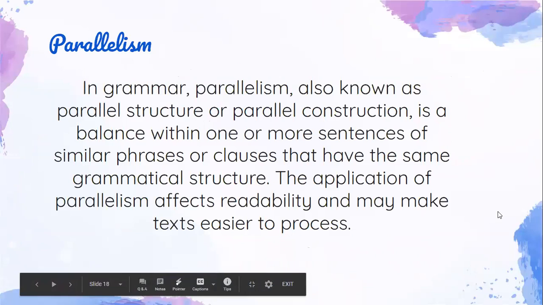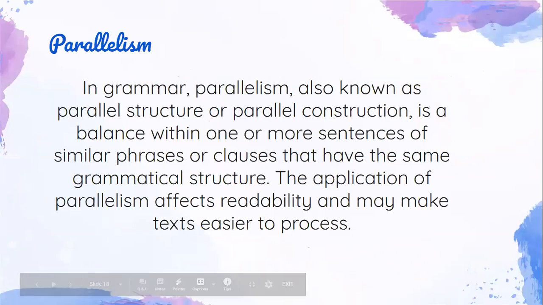There's also something called parallelism. In grammar, parallelism is also known as parallel structure or parallel construction. You can call it any of those three. It's a balance within one or more sentences of similar phrases or clauses that have the same grammatical structure. The application of parallelism affects readability and may make text easier to process.